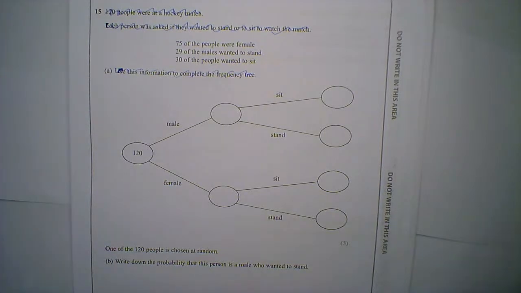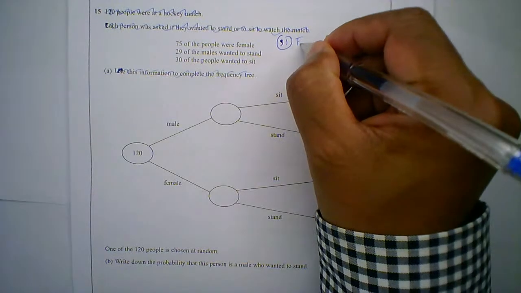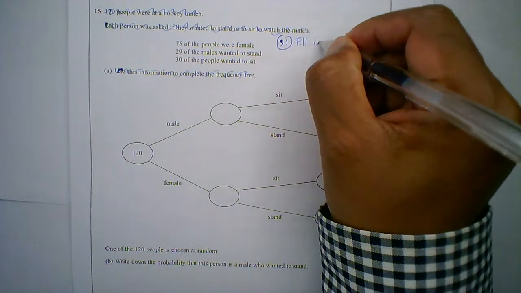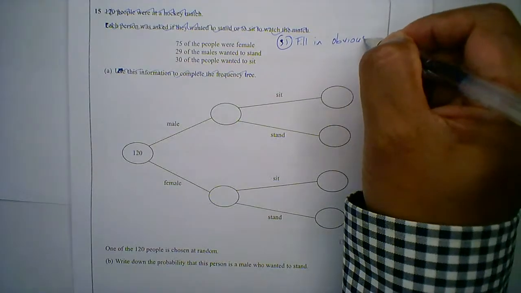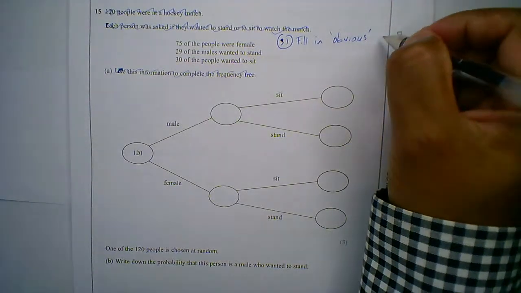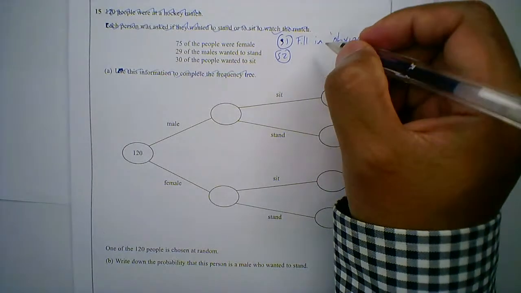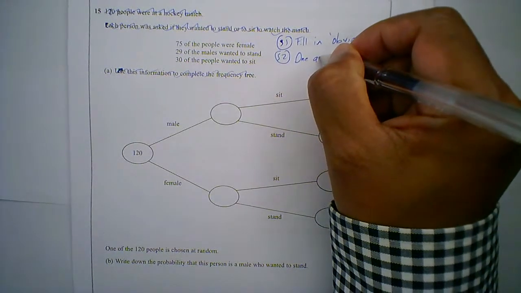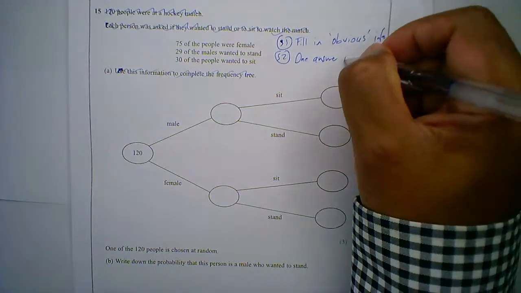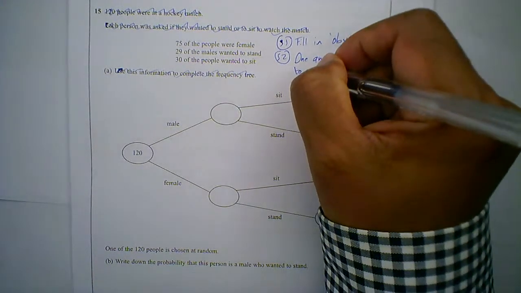Similar to the last question, step 1 is I fill in the obvious information. And then step 2 is one answer will lead to another.